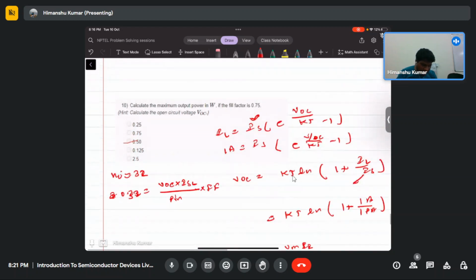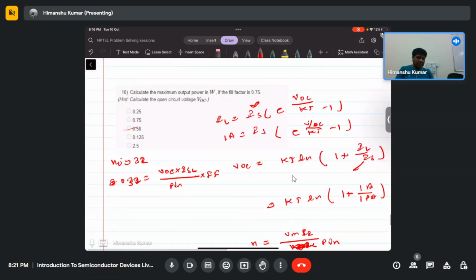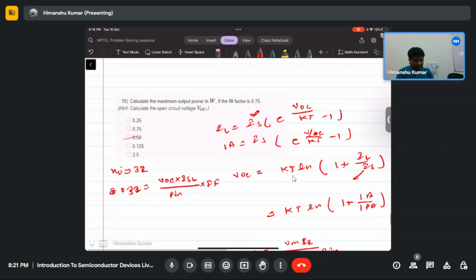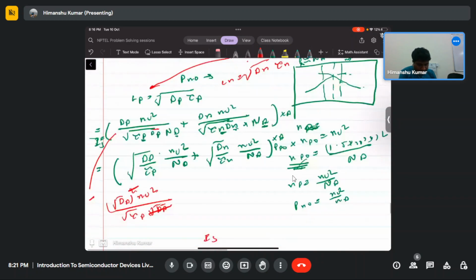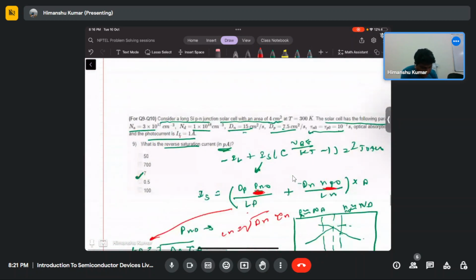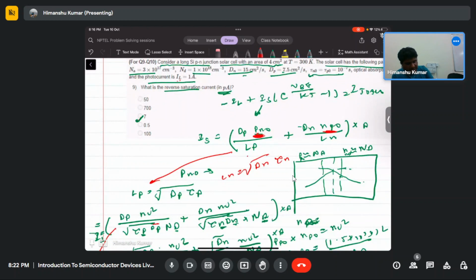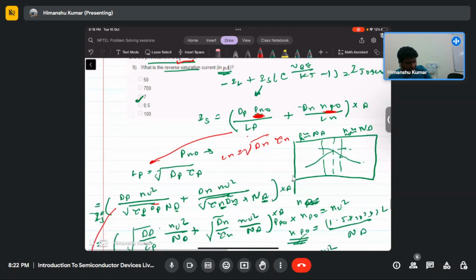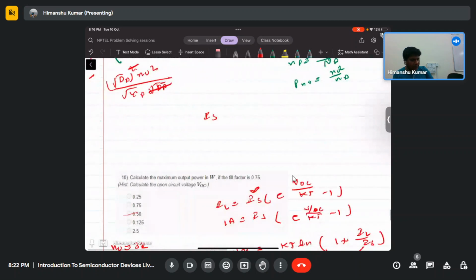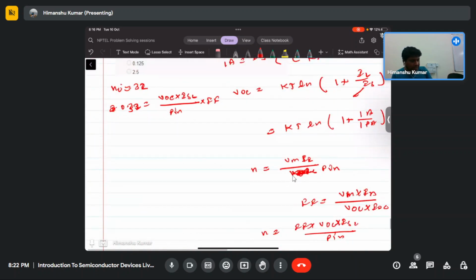Then you can calculate the open circuit voltage and short circuit current. So how do you calculate the short circuit current?